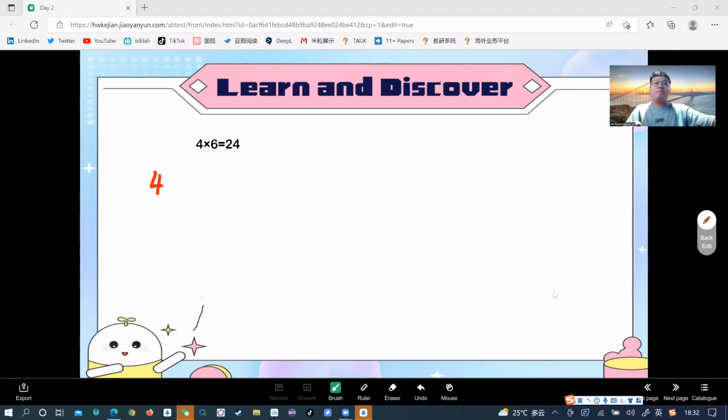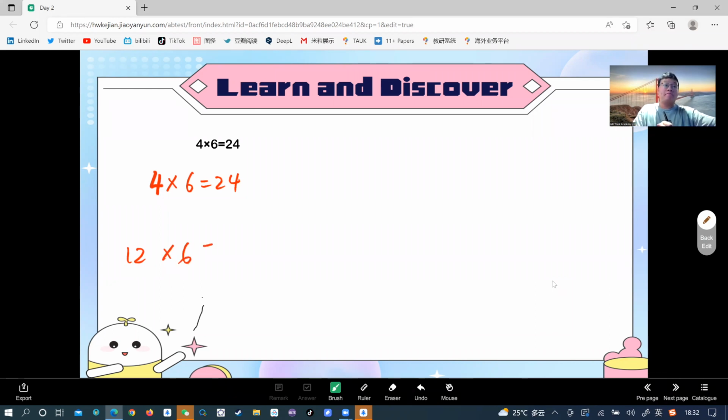All right. Yeah. So let's go. We know that 4 times 6 will be 24. But what about this? What about 12 times 6? What is the change here, everyone? So I enlarge one of the multipliers by 3.